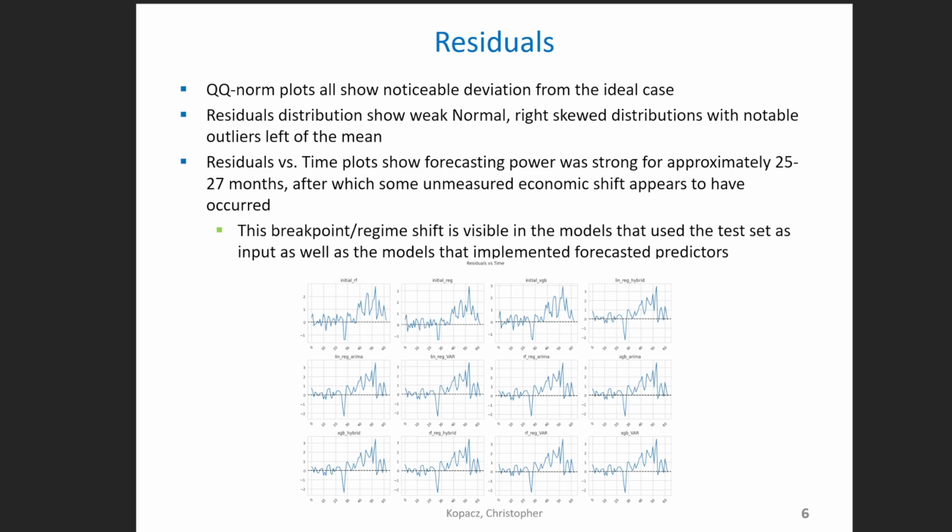All of the residual plots show a sharp spike downwards, and then a steady increase in the upwards direction.